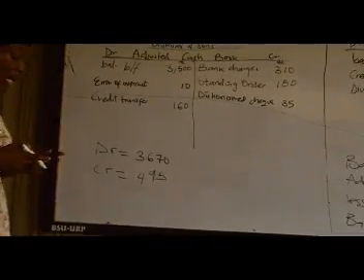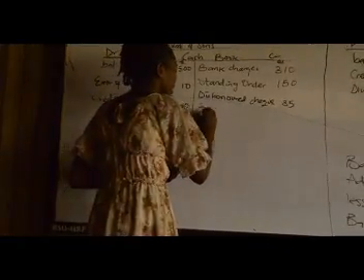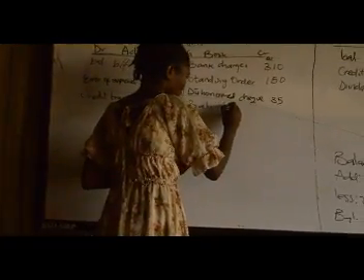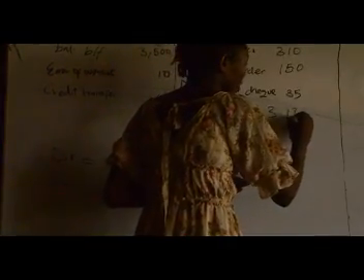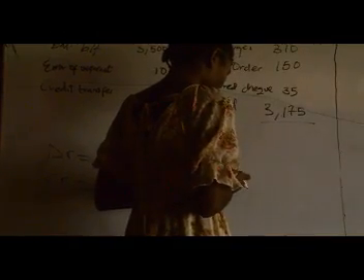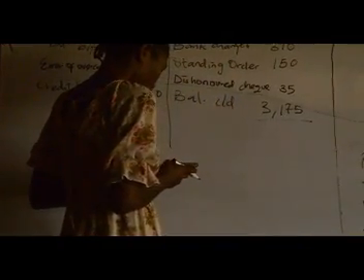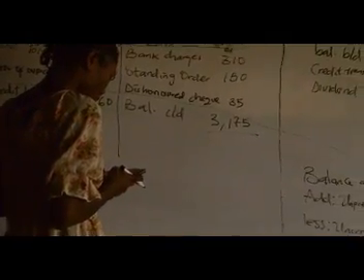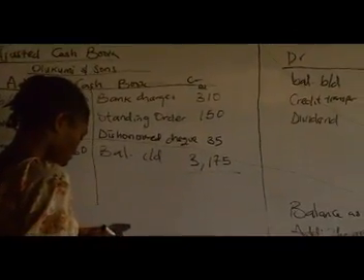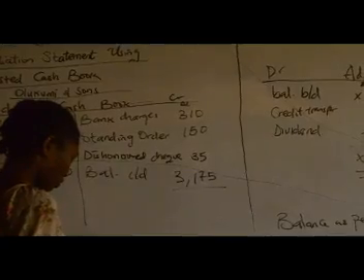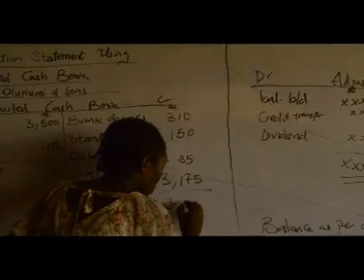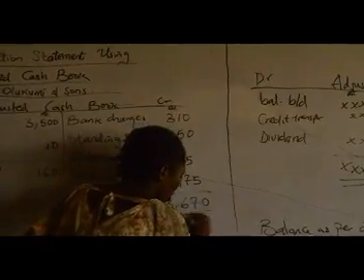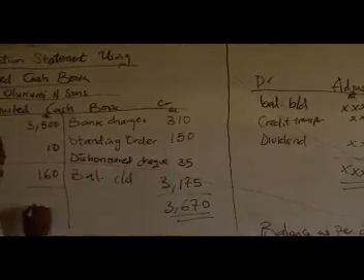And now we are having a balance carry down of 3,175 naira. So this should add up to give us a balanced account, and this total must tally with here.